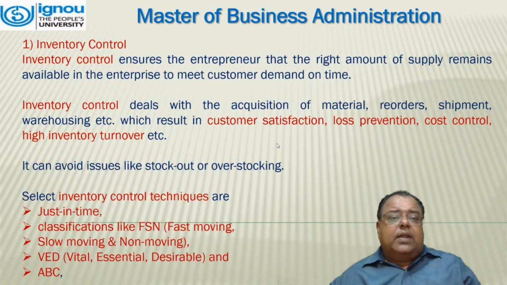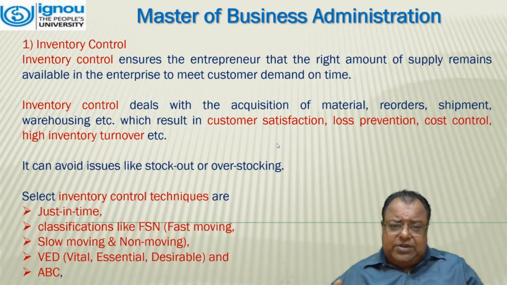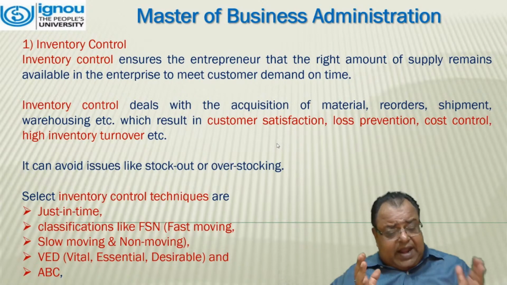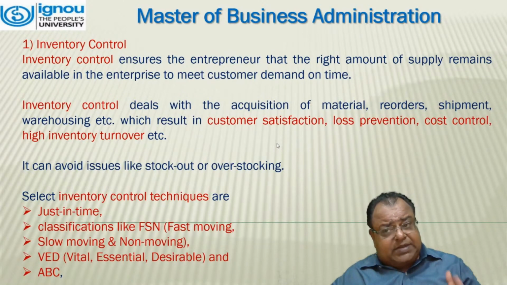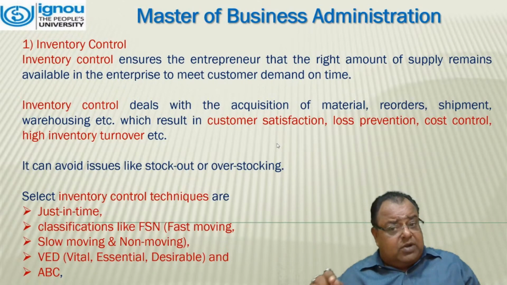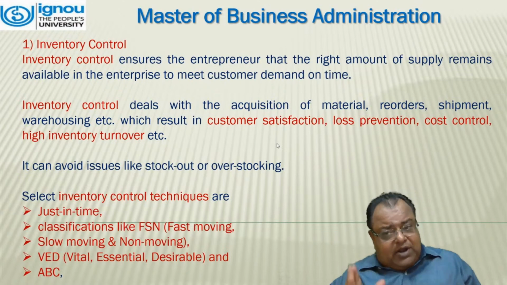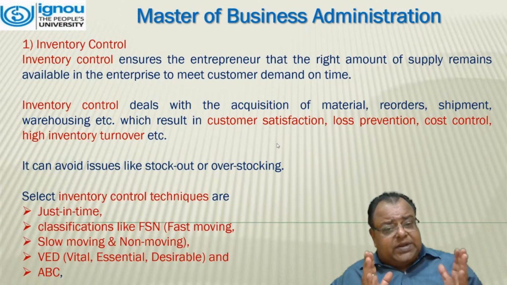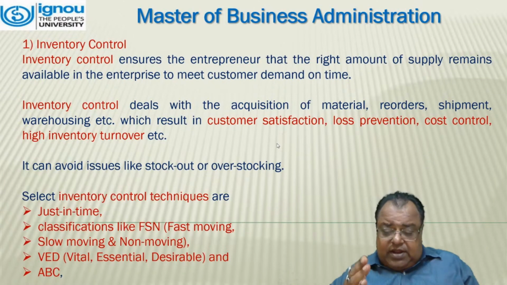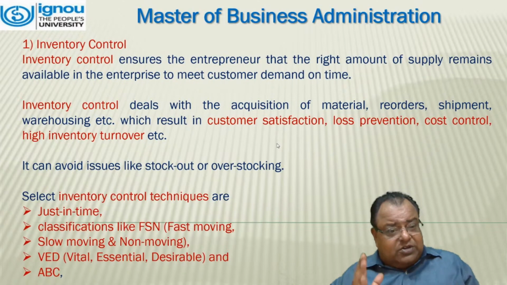Inventory control ensures that the right amount of supply remains available in the enterprise to meet customers' demand on time. Inventory control deals with the acquisition of material, reorders, shipment, warehousing, etc., which results in customer satisfaction, loss prevention, cost control, and high inventory turnover.